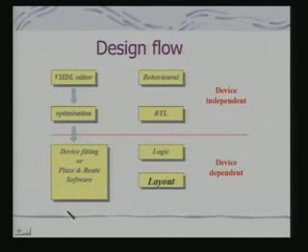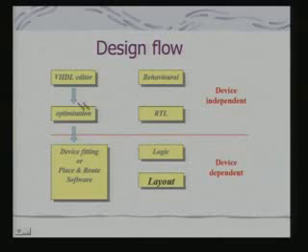So, in the design flow, we say that the VHDL editor goes through an optimization process. That gives you a device fitting or place and route software, which is at the lowest level, which is device dependent. So, when you use a VHDL editor and provide a description of the hardware in VHDL, it is a behavioral description.